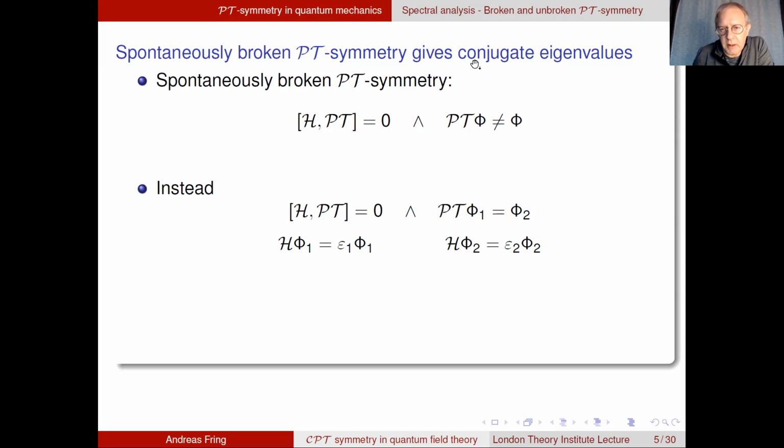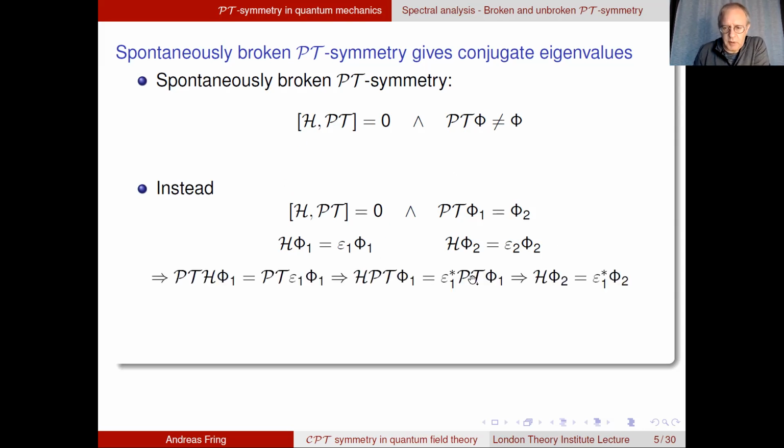And these two functions have also their respective time-independent Schrödinger equations. So how are these energies related? That's the question, and that's easy to see. If we just act with PT on this time-independent Schrödinger equation for phi1, which is written over here, and then manipulate the equation, I'm commuting PT and H, so I bring H to the left-hand side over here. And then I'm pulling PT through, and I'm conjugating the E1.